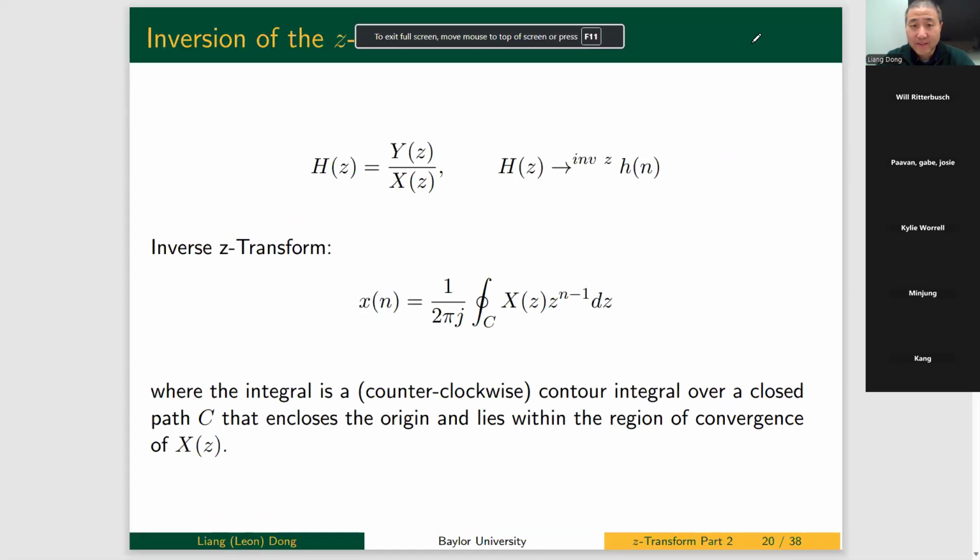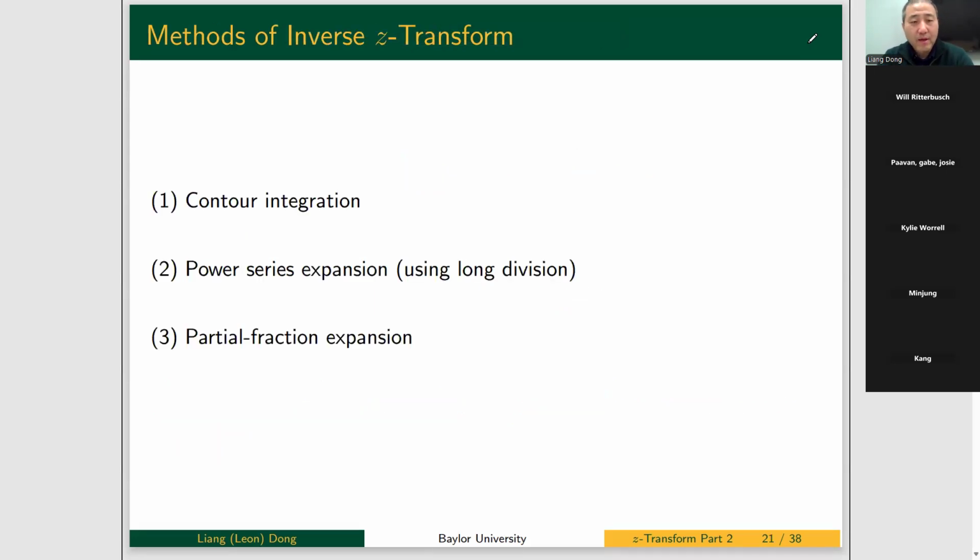Great. So here I'm doing inversion of the Z transform. And we know mathematically, I need to do a contour integration with the variable in the complex Z domain, which is a little involved, and I don't want to do that. We have some methods in DSP where we can do that in a much easier way. So instead of doing contour integration, I can write this as a power series expansion using long division.